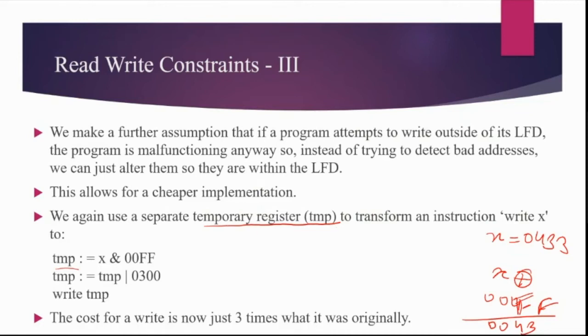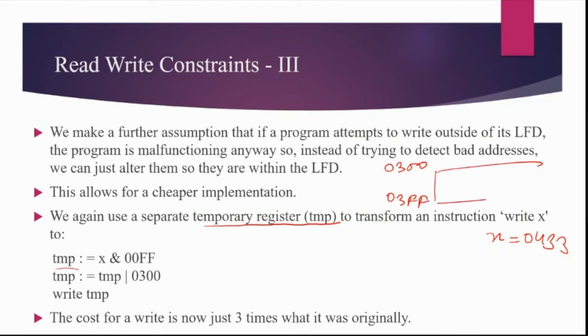We can use this temporary register temp. We will assume our x is 0433, and suppose the valid address range of the LFD is 0300 to 03FF. We want the program to execute only within these limits.